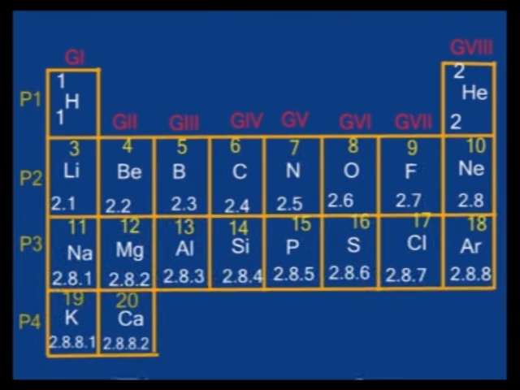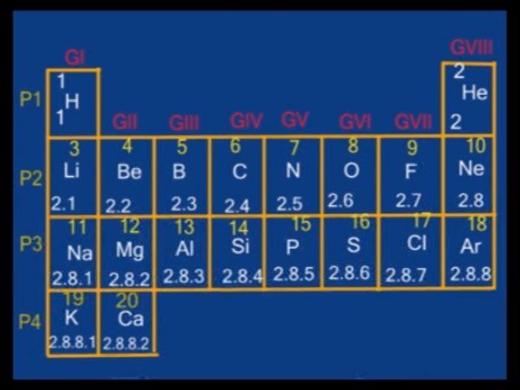Now in the case of a period, the number of energy levels remain constant across, but the number of electrons in the outermost energy level in general increase by 1 as you move from left to right across a period. You got that? Down a group, it is the number of energy levels that increase. Across a period, it is the number of electrons that increase from left to right.